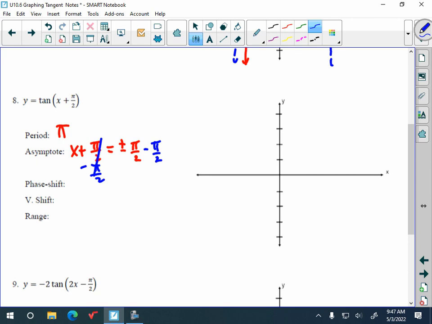When we do positive pi over 2 minus pi over 2, what is that? 0. And when we do negative pi over 2 minus pi over 2, it's going to be negative 2 pi over 2, which simplifies to negative pi.